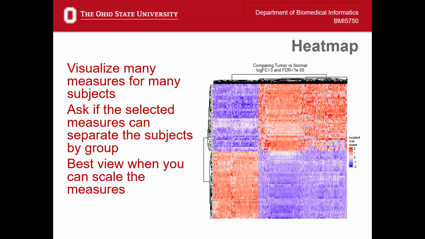And then it scales the rest of the measures to be so many standard deviations above that average and so many below that average. So that in this case, a red shading will mean expression above the average, and blue shading will mean expression below the average.